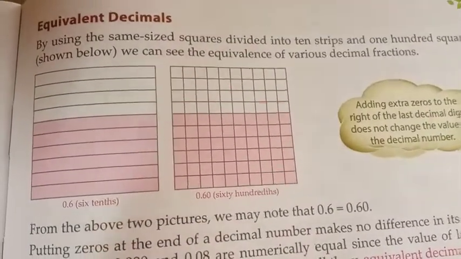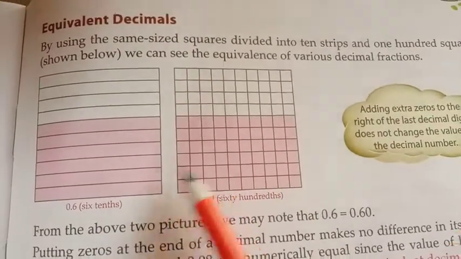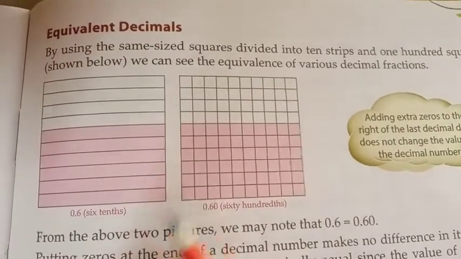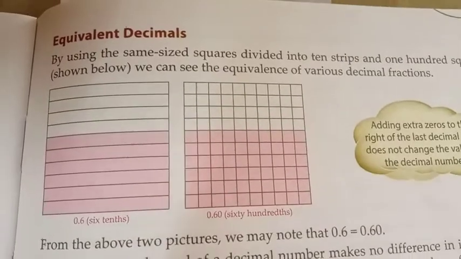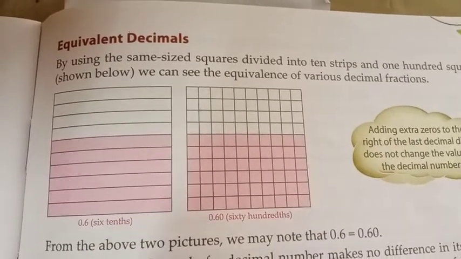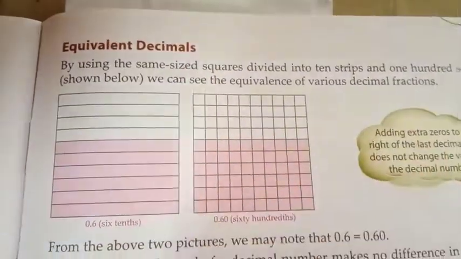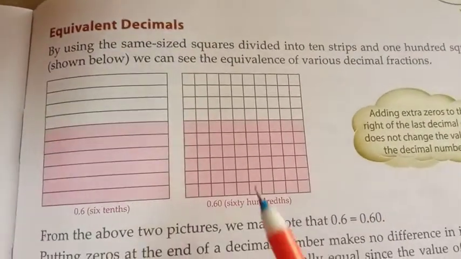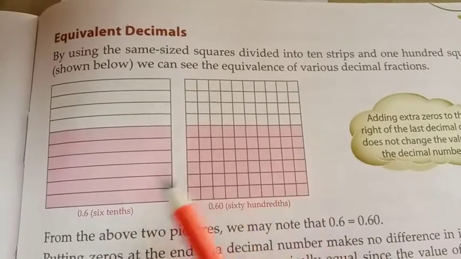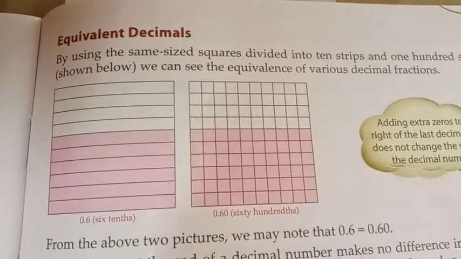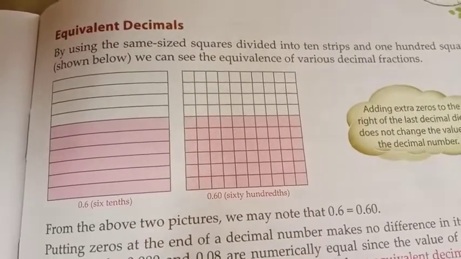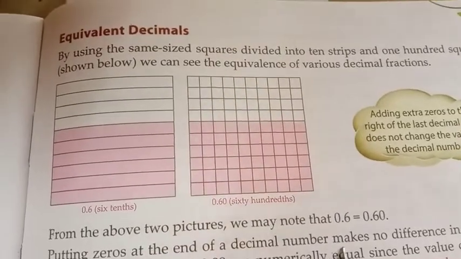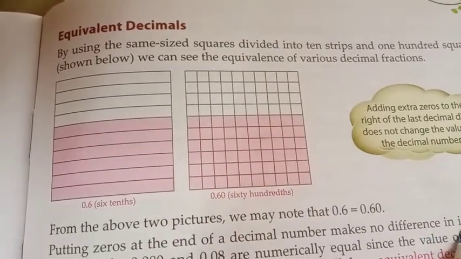Both are the same sized square, but one is divided into 10 strips and the other into 100 squares. So putting zeros at the end of a decimal number makes no difference in its meaning.